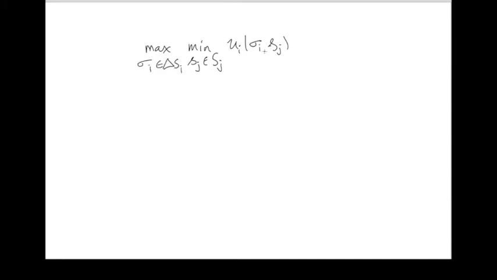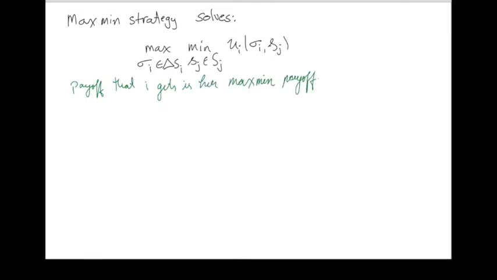So player I is going to believe that if I decide to randomize according to sigma I, then player J is going to pick SJ that's going to minimize my expected payoff. The solution to this is what we call a max-min strategy. And of course, the payoff that I gets from this max-min strategy is her max-min payoff.